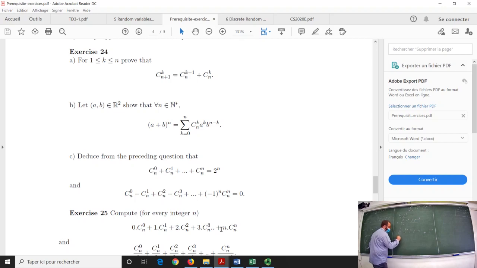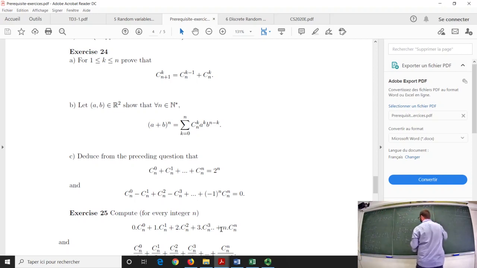So I have b to the power n plus 1 plus the sum from k equal to 1 to n of c n k, a k, b n plus 1 minus k. And why is this interesting? Because now I have two sums with the same set of indexation, and it's possible to regroup them. I have two sums that I can write into a single one.